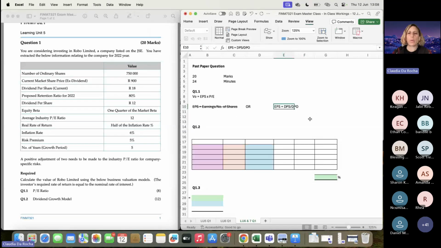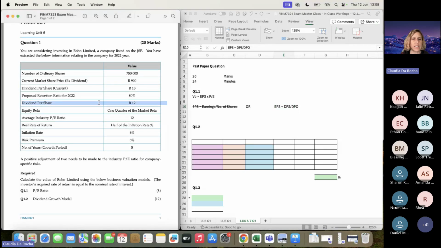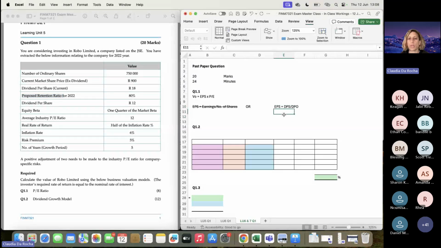With the next one, we've got dividend per share, which they've given to us. So luckily for us, we didn't have to calculate it. And then the dividend payout ratio, they've given us the retention ratio, so we can work out what the dividend payout ratio is. So we're going to use the second formula. So this is the formula we're using.